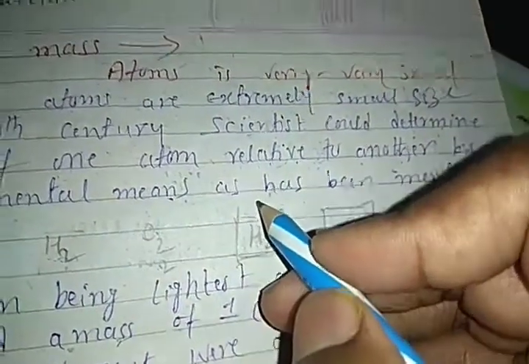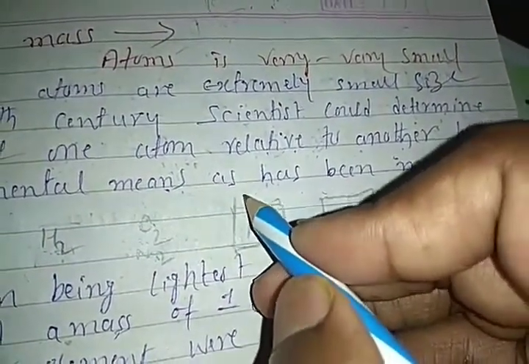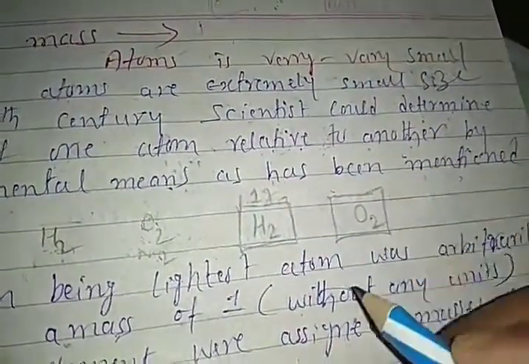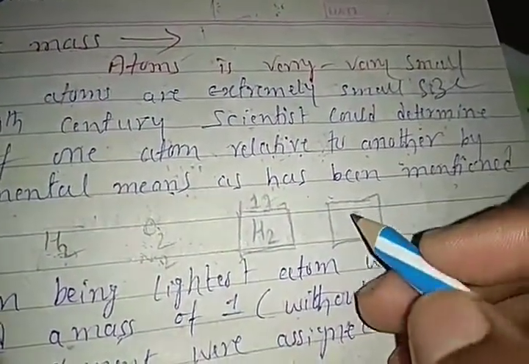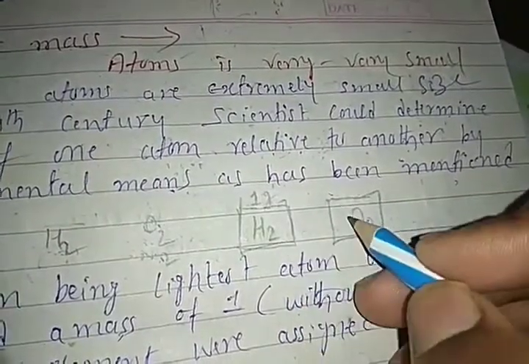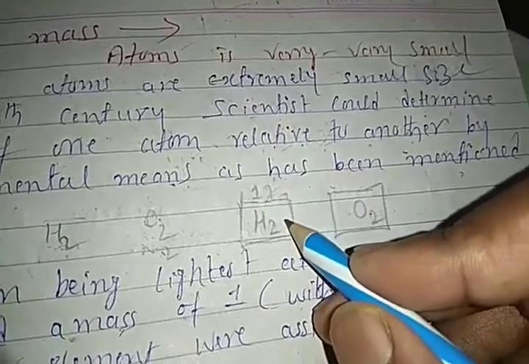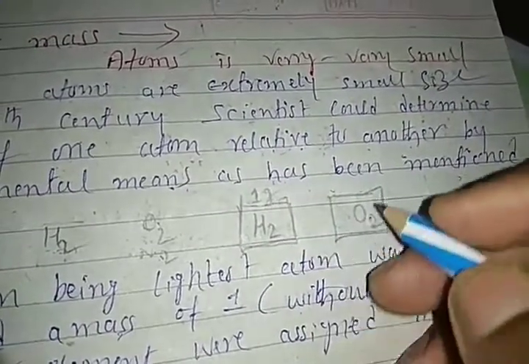The hydrogen gas mass is considered as 1 gram. The oxygen gas is in the same kind of container, at the same temperature and pressure as the hydrogen.